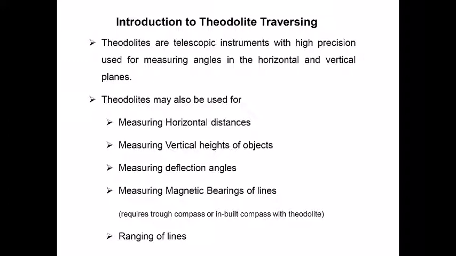This instrument can also be used for ranging of lines since it has a telescope. When you have a telescope that has zoomed in vision and also has crosshairs with the bullseye, you can use that telescope for all the purposes we used it before. With some modifications, the theodolite can also be used as a leveling instrument as well.